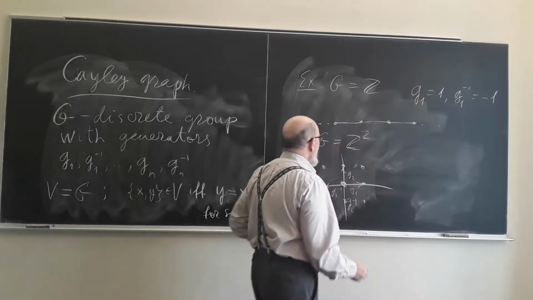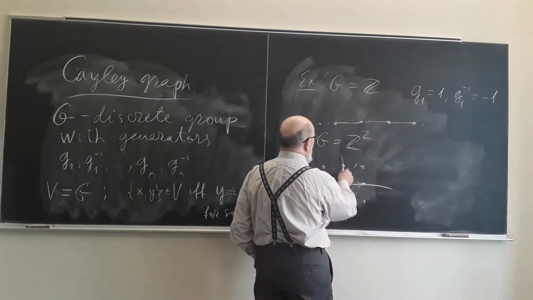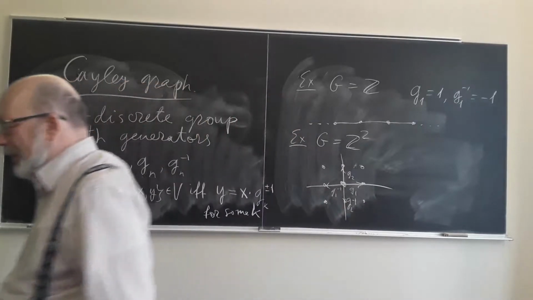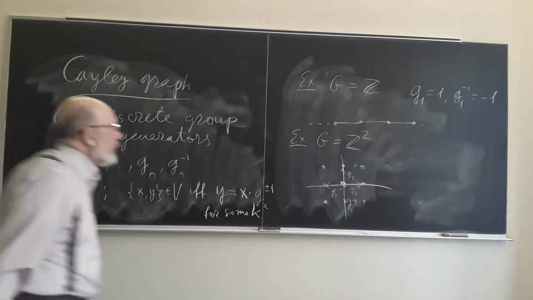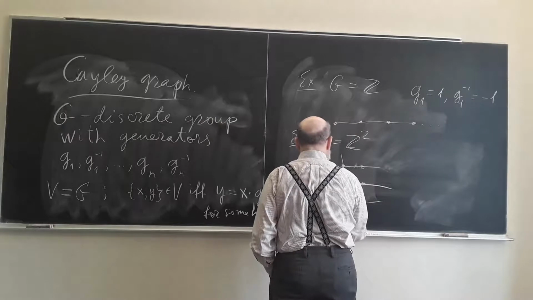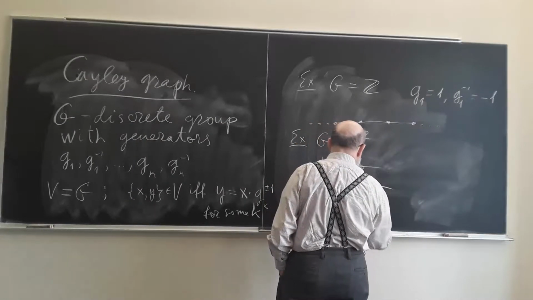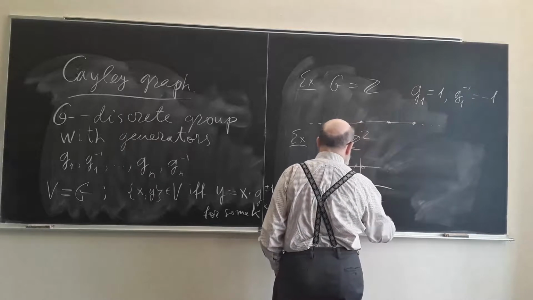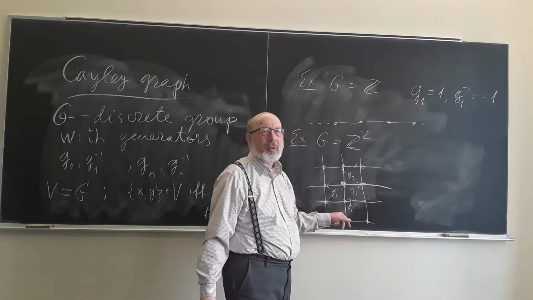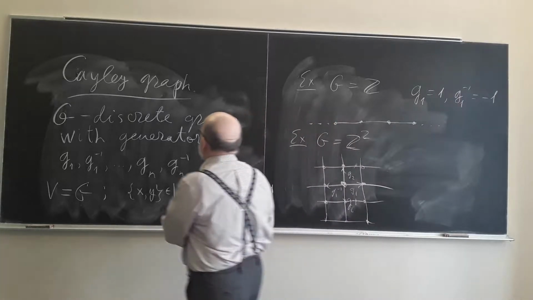And so we can move either right or left, or up or down, every time we apply this operation. And so our graph is this. So the vertices are integer points with integer coordinates, and the edges are either vertical or horizontal edges.